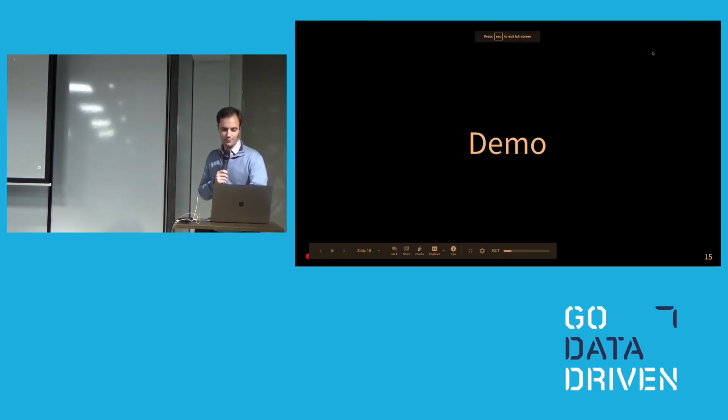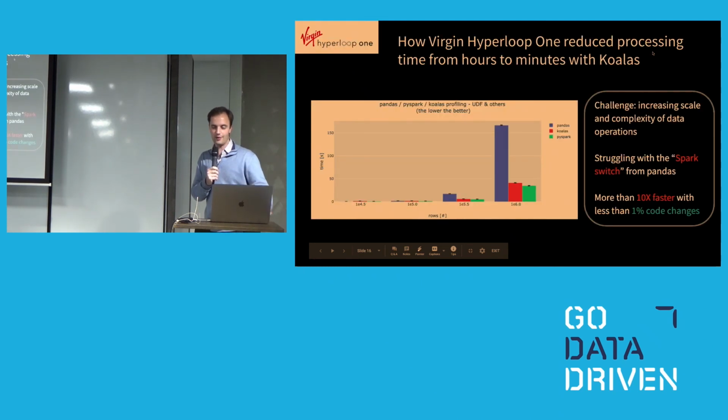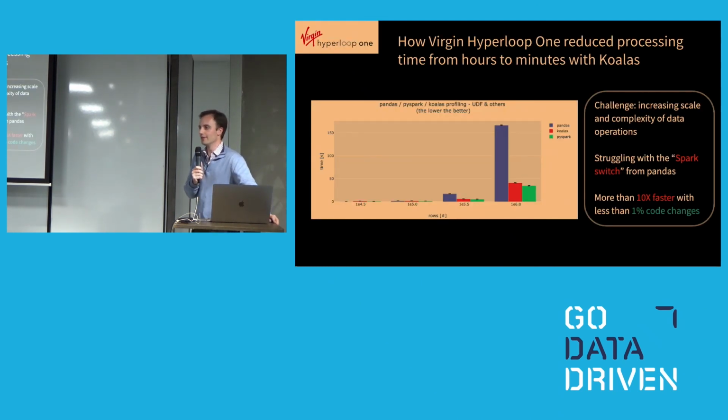After saying that, you are probably going to ask me what works and what doesn't, and if it is actually working the way it should. So we worked with one customer to make sure that they would be able to take their Pandas code base, which they were struggling to scale out, and make sure that Koalas would be able to work with them.